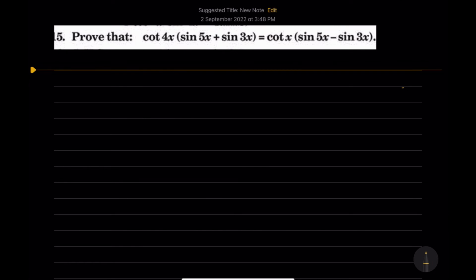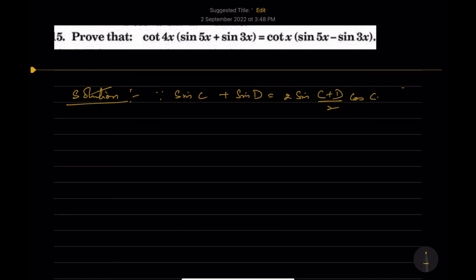Yeah, the 15th problem. Looking at the 15th problem, what is it? Prove that cot 4x into (sin 5x plus sin 3x) is equal to cot x into (sin 5x minus sin 3x). Now how do we go about the solution? We know that sin c plus sin d can be written as 2 into sin((c plus d) by 2) into cos((c minus d) by 2).